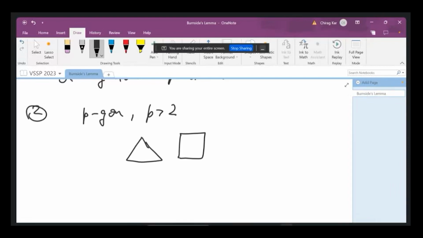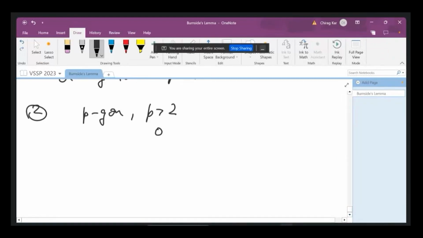In fact, what you would do is, suppose you had a p-gon and to that you attached beads, very specifically beads like this. Then how many possible colorings are present? For example, if I was doing it like this, how many possible such colorings are present in this situation?